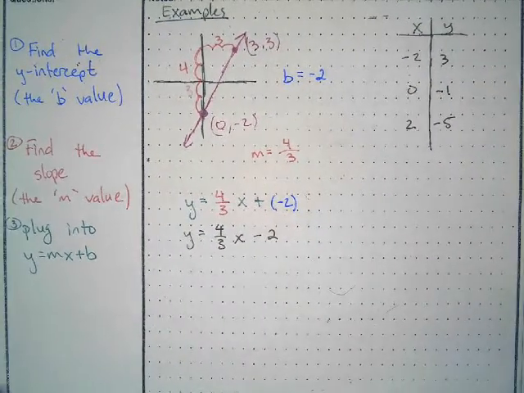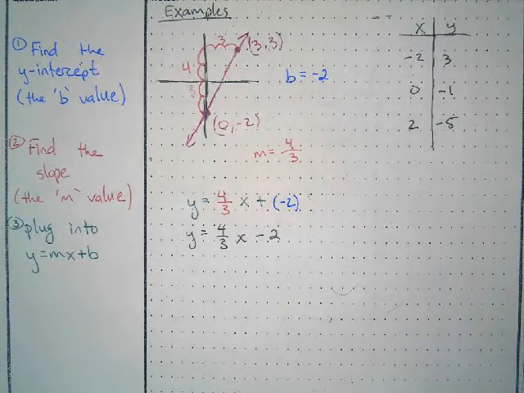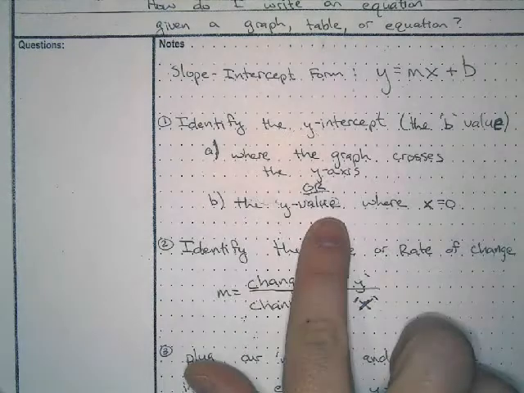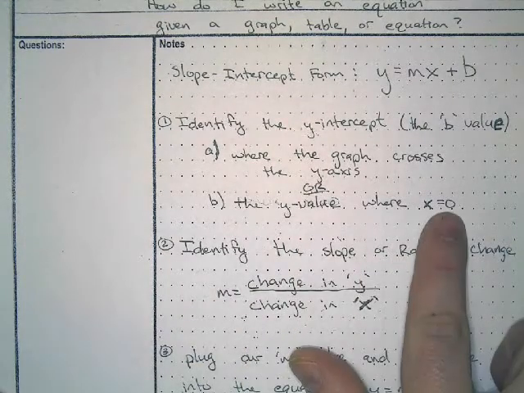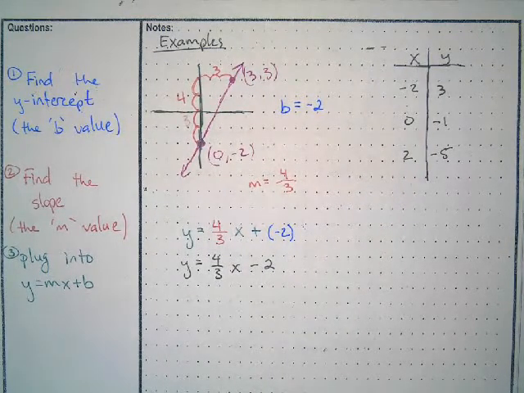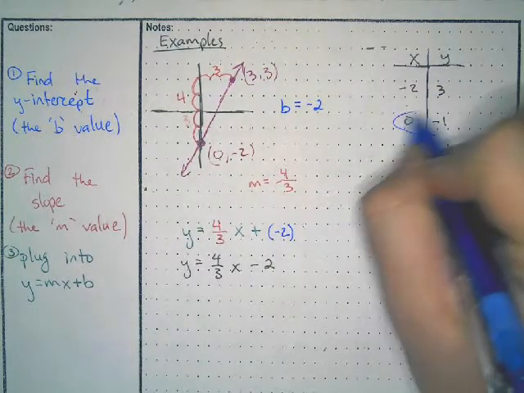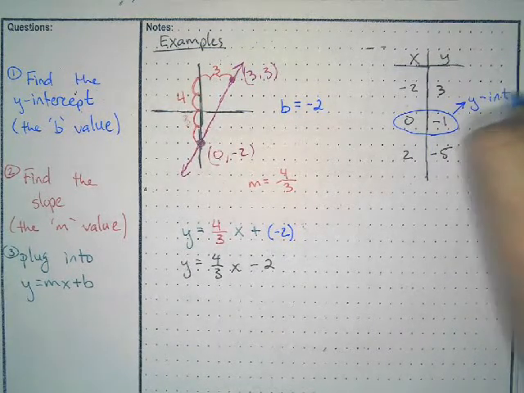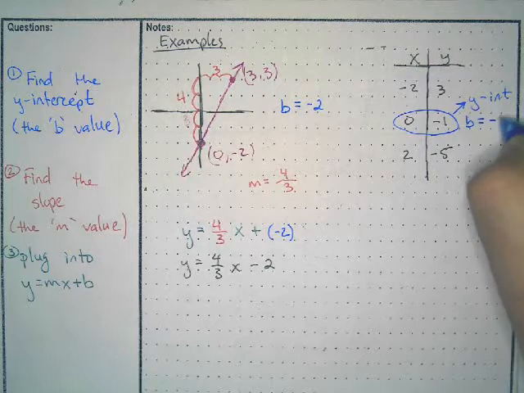Find the y-intercept, find the slope, and then plug in. Well, where does the y-intercept occur? When I look back at my notes, the y-intercept is the y value where x equals 0. So I'm looking for the y value where x equals 0. So my y-intercept is right here. So I get b equals -1.